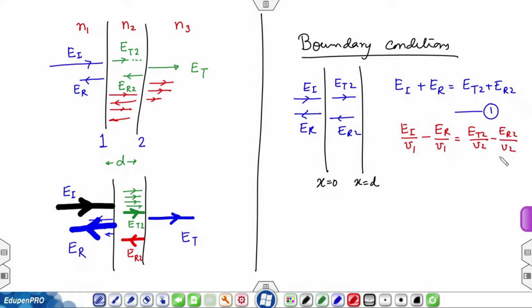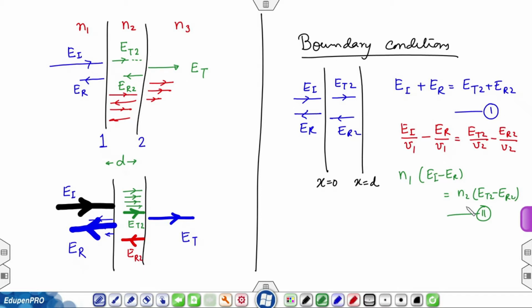And I replace this by refractive index, then I am going to get N1 times (EI minus ER) is equal to N2 times (ET2 minus ER2). That is my equation number 2. These are very simple equations because we have been doing it at x equals 0. So, the e raised to i k x part goes away.